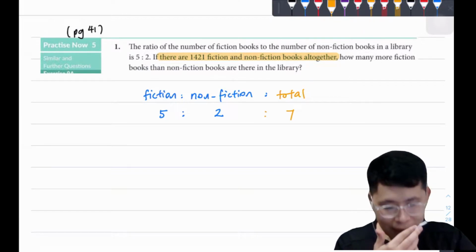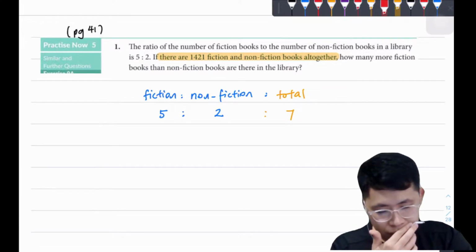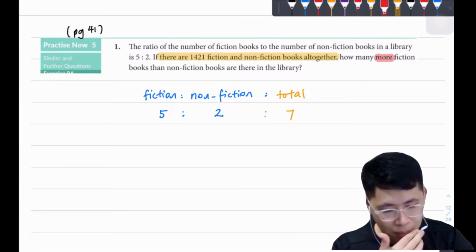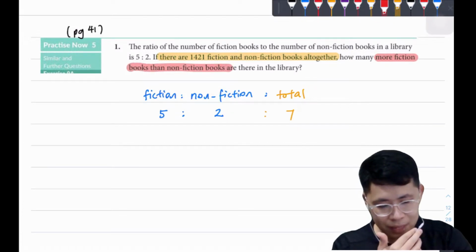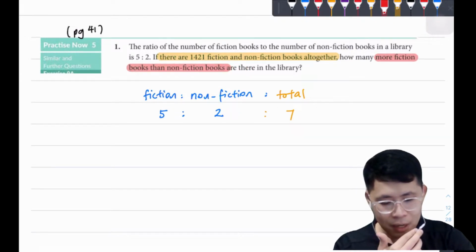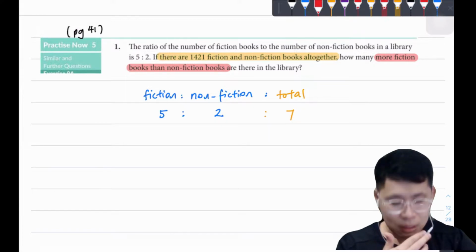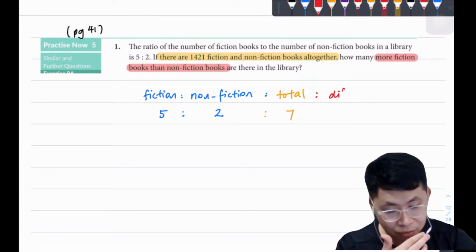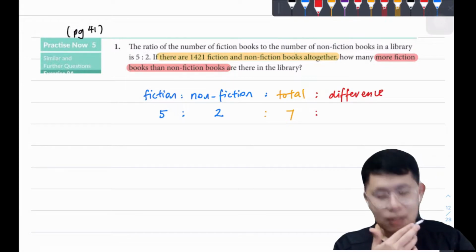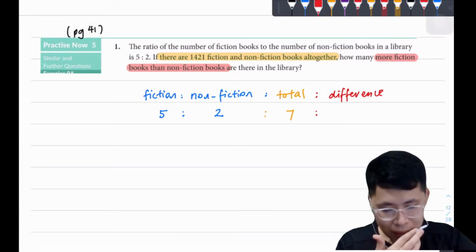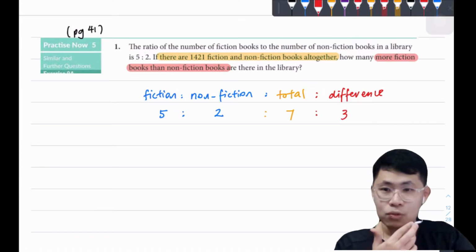And what are we supposed to look for? We are supposed to look for how many more fiction books than non-fiction books there are. So this also signals to us that we are going to look at the difference between the two genres of books. Between 5 parts and 2 parts, the difference is 3 parts.